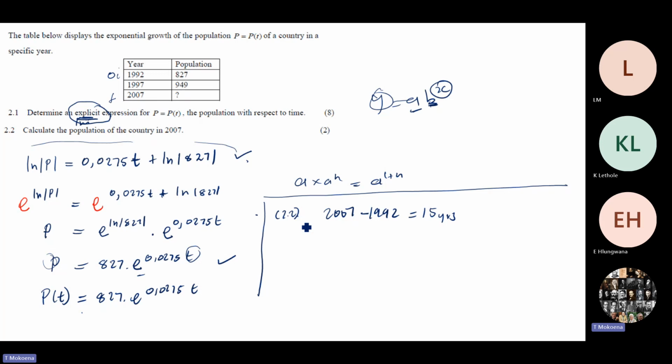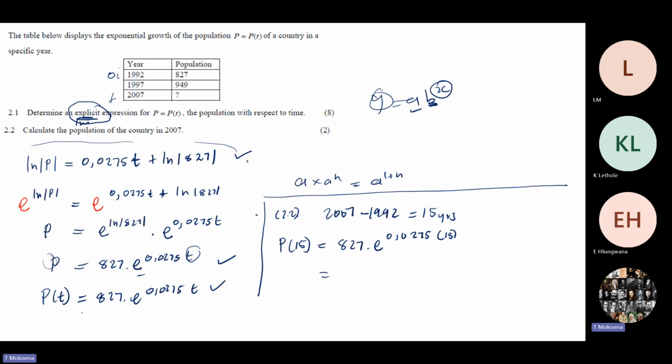So to perform this calculation over here, we determine our general solution. So make sure that the general solution is correct, or else you won't get the correct answer. So meaning at this point in time, we want P at 15 years, which is our time. So that means we substitute t there. We have 827 multiplied by e to the power of 0.0275, and therefore our t over there will most definitely be 15.